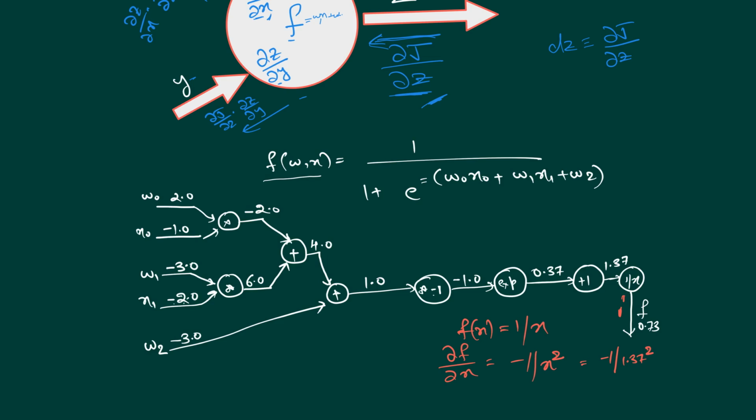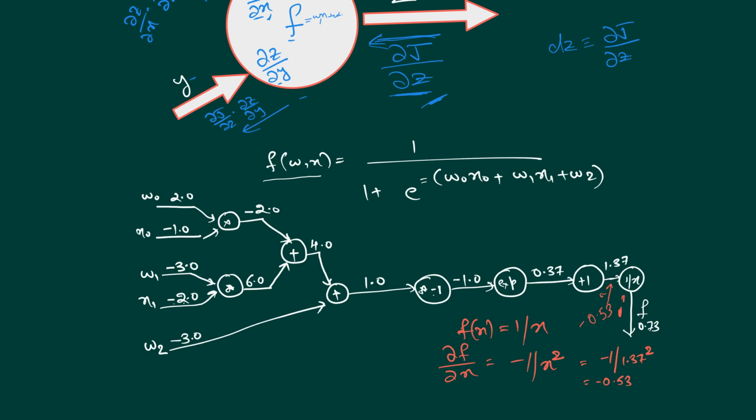So this value comes out to be minus 0.53, and multiplied by 1, which is coming. So out here we have the value minus 0.53. So this is going in this direction at this point, right?